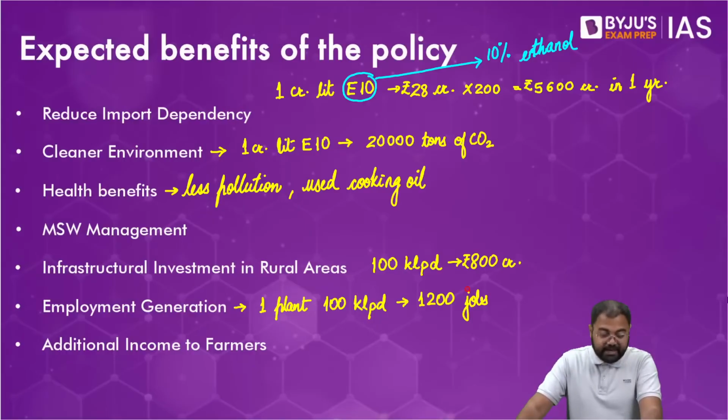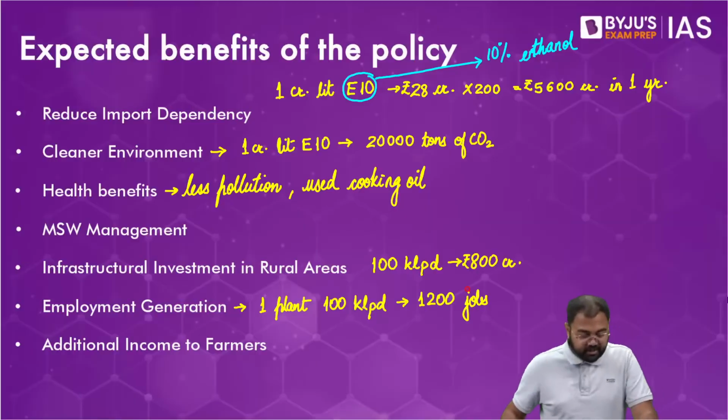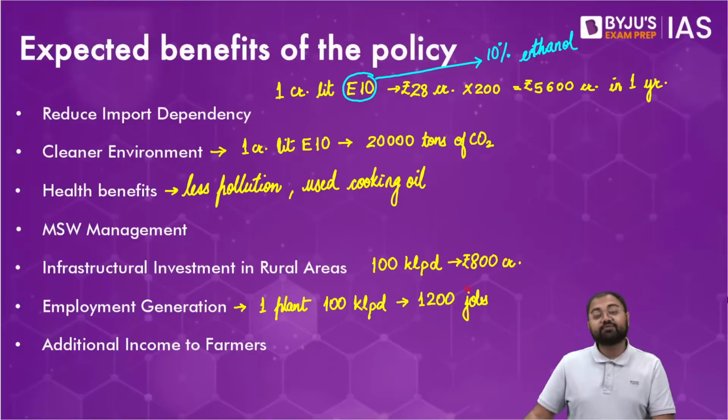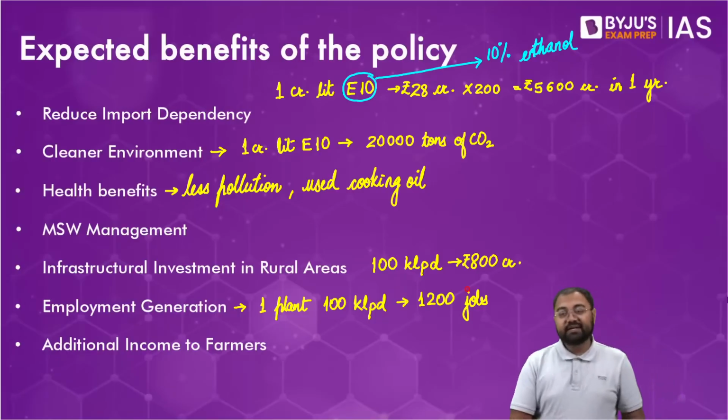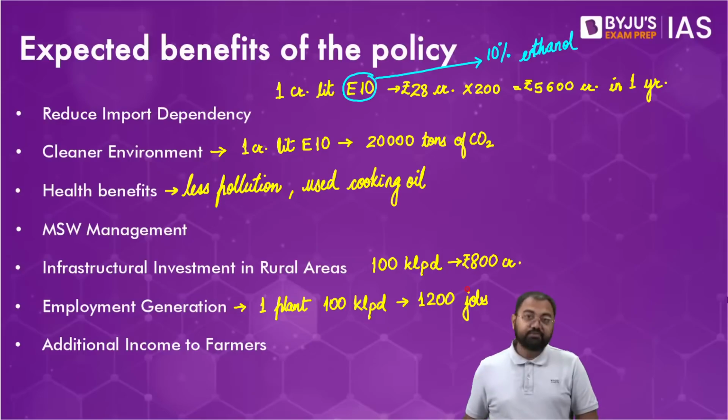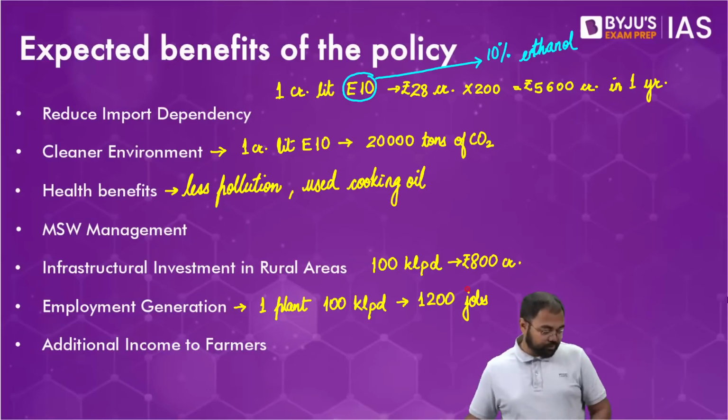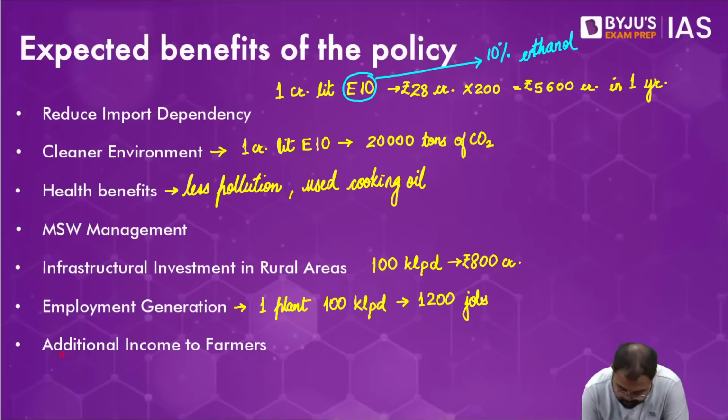And then finally, additional income to the farmers, because whether it is about agricultural waste, or the second generation biodiesel production especially, or even the surplus crops, for all these things we'll see that the farmers will be able to get some additional income. So for them it will be very crucial. Additional income will come in various ways.